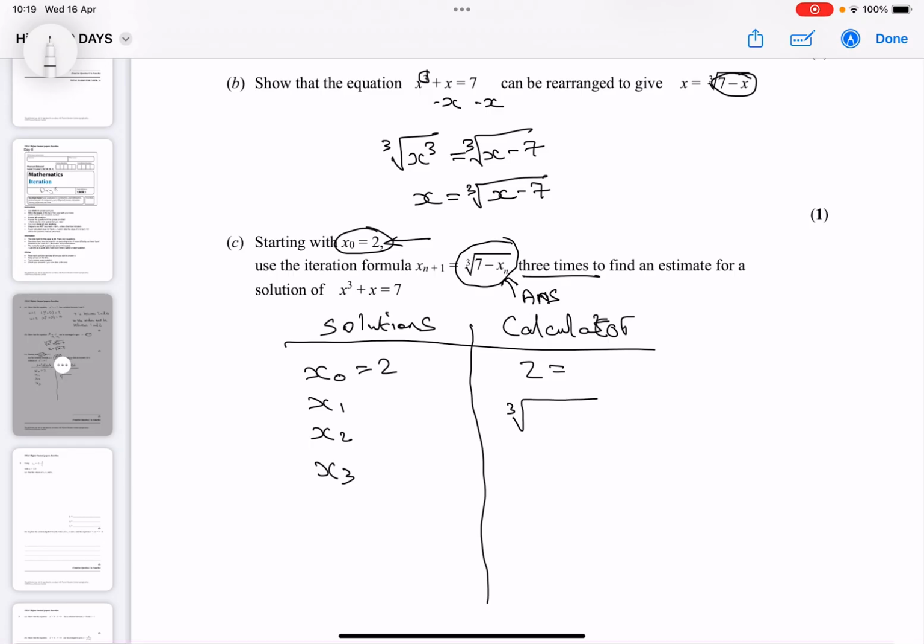For me, it is above the square root. So shift, so this is where you need to know your calculator. I've got cube root 7 minus, and then I just put in ans, and that is it. And then just press equals.